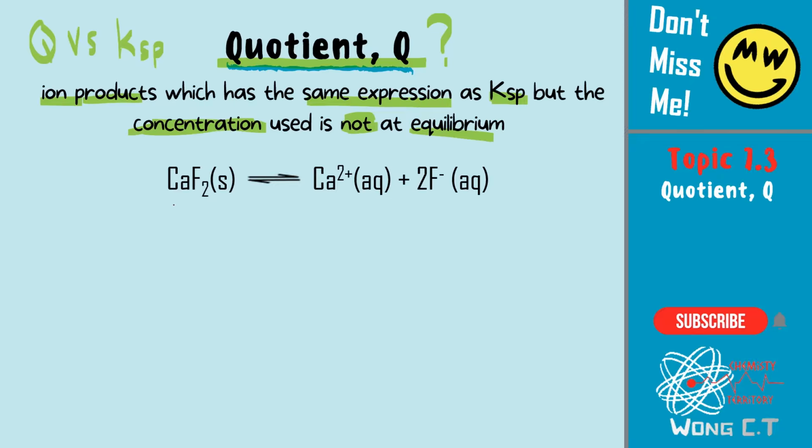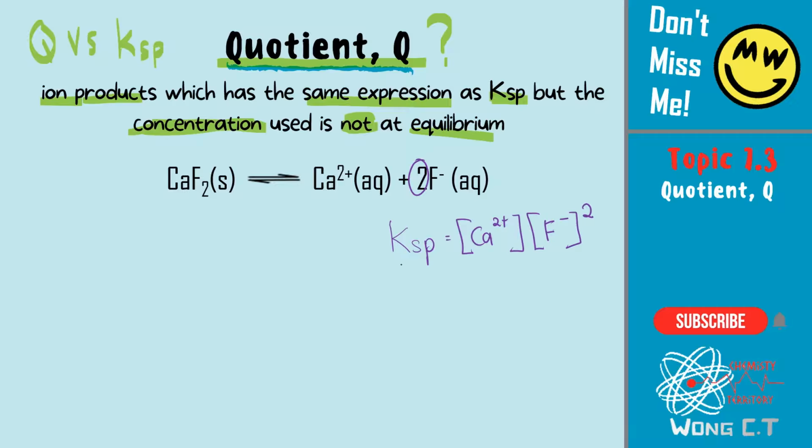Okay? So, for example, the equation that I have over here, the KSP for this equation will be the concentration of your Ca2+ multiplied with the concentration of your F- ion to the power of 2, due to the coefficient of the fluoride ion there.